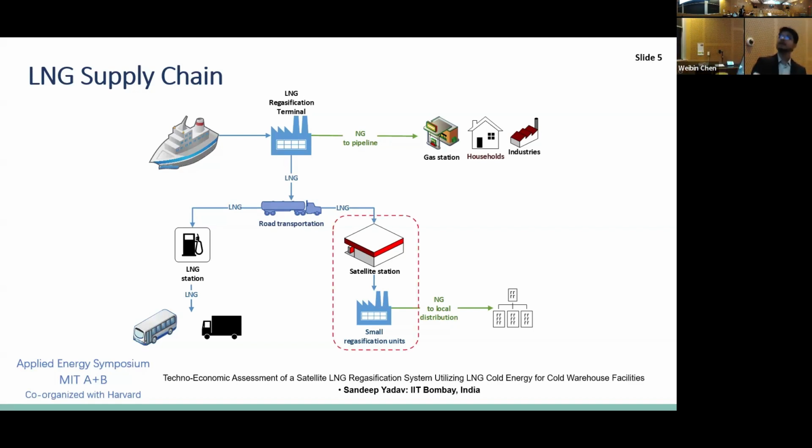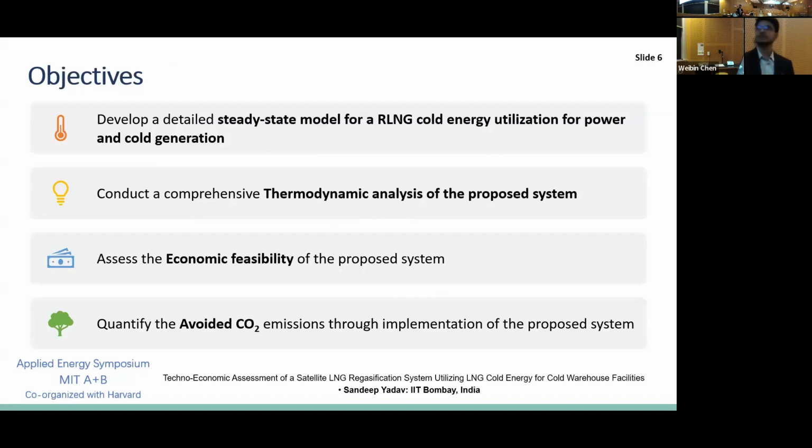And the other way is satellite stations, that are small scale stations around 100 or 200 kilometers away, where natural gas pipelines are not there. These are supplied in LNG form, and then it is regasified at that satellite station. And this work focuses on the utilization of that energy at the satellite stations.